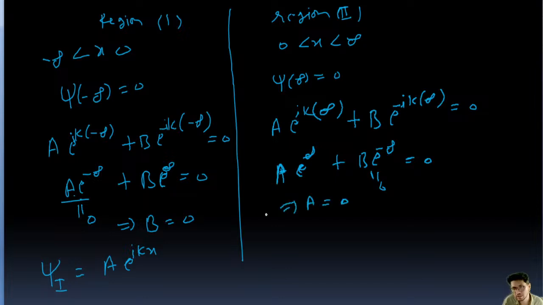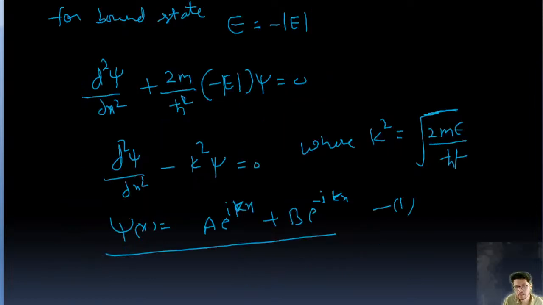So the wave function psi 2 for region 2 is going to be b e to the power minus kx. Here we have made some mistake. What mistake? This is minus, right?